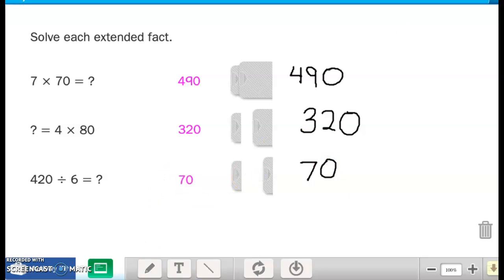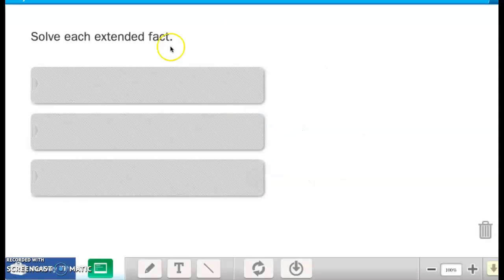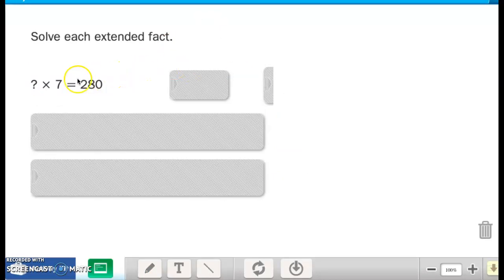Yay, we're right. Okay, last one, hardest. We got hard, harder, hardest. Here we go. Ooh, 7 times what? And we're just looking at the main number, which is 28. 7 times what? So how many times do we add 7 till we get to 28?